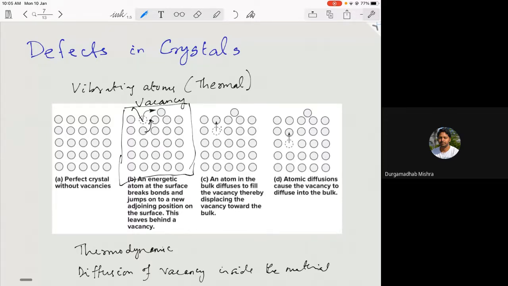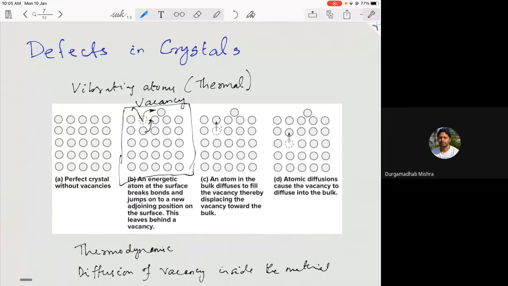And this is because it gets an extra energy due to the thermal vibration, or maybe from interacting with neighboring atoms and so on. And that is what, now you have a defect in this crystal.